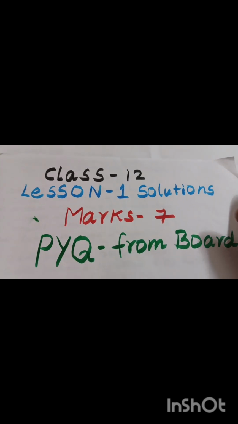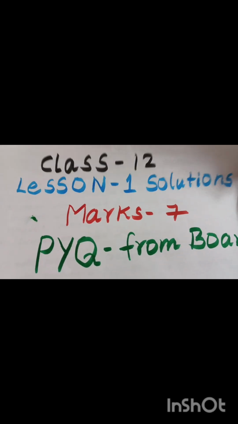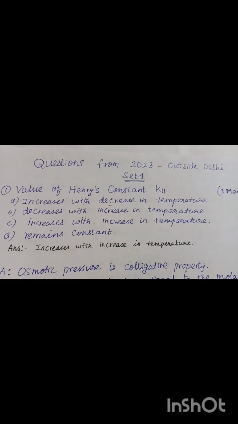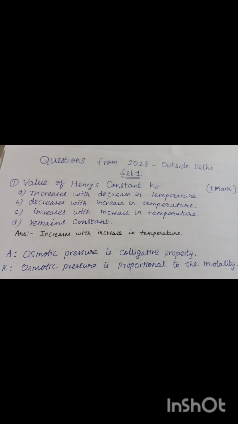So now we are going to see from a board question paper. This is the 2023 board question paper from outside Delhi. 7 marks for the solution chapter. The first question is: the value of Henry's law constant Kh, MCQ. Options: increases with the decrease in temperature, decreases with the increase in temperature, increases with the increase in temperature, remains constant.